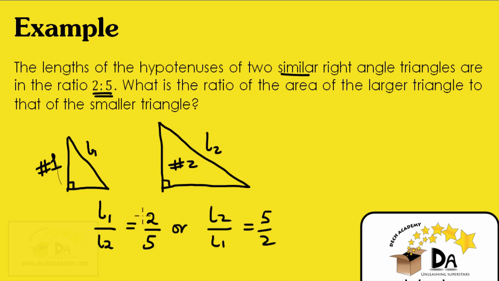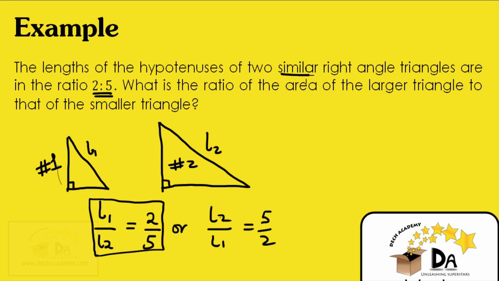For L1 over L2 to be 2 over 5, L1 has to be smaller than L2. That's the meaning of this equation. And for L2 over L1 to be equal to 5 over 2, L2 must refer to the length of the hypotenuse of the larger triangle.